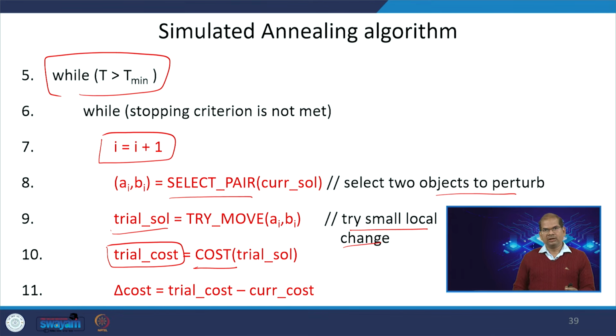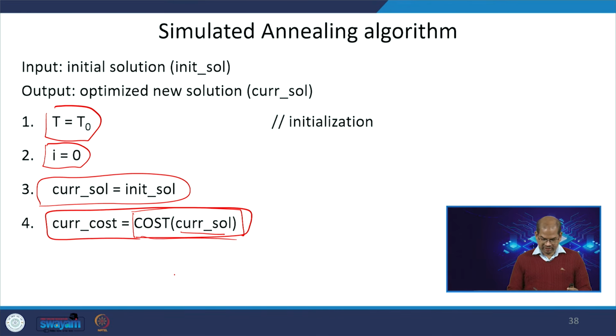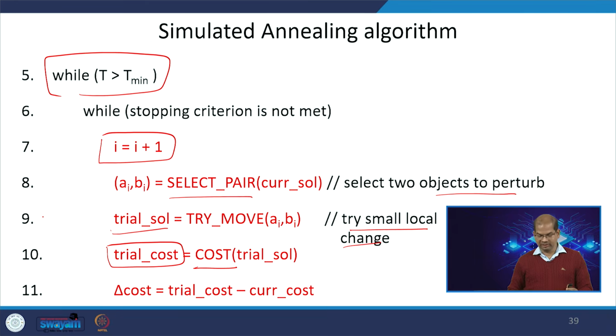Now I have a current cost, which I found from the initial solution. Then I have a trial cost, and I find the change in the cost.